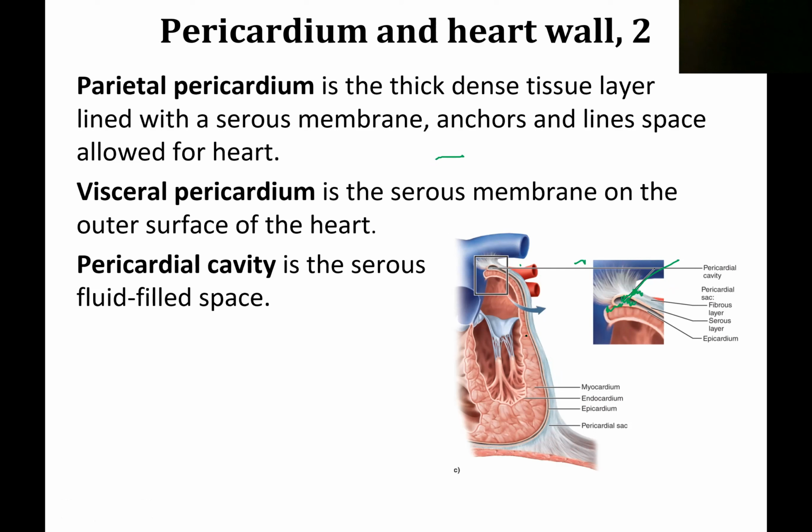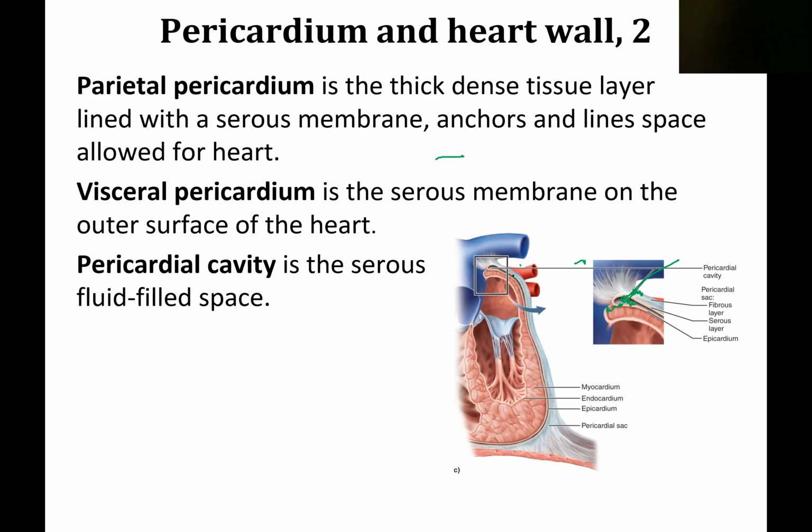The size of the pericardium can vary. If it gets filled up with fluid, then it can become a problem. It can limit the size of the heart expanding and can create a cardiac tamponade.